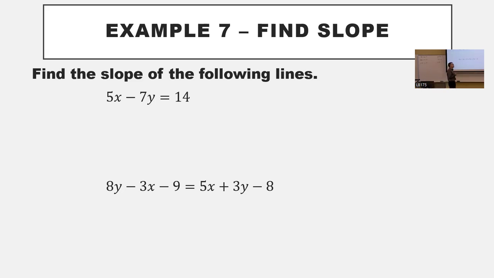Now, on the previous page, everything was basically in slope-intercept form except for that y equals 8. If I don't have slope-intercept form to begin with, what I can do is simply take this line and force it into slope-intercept form.